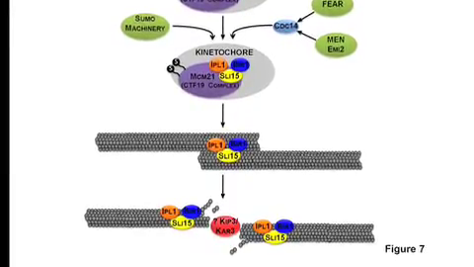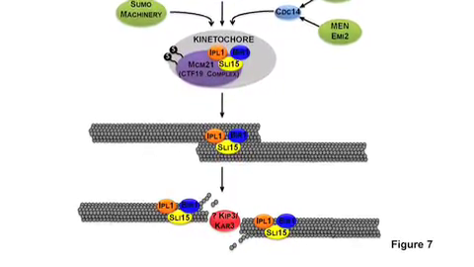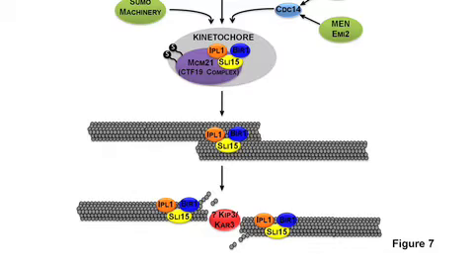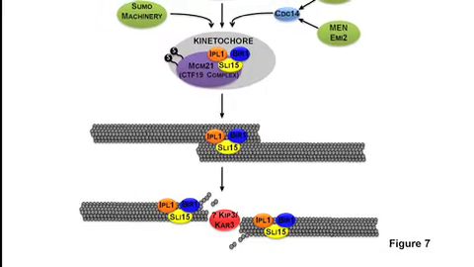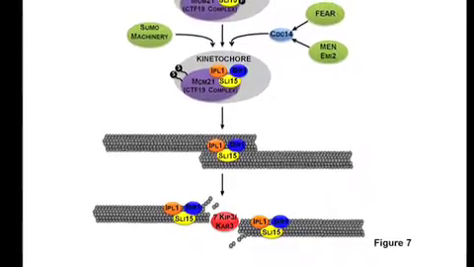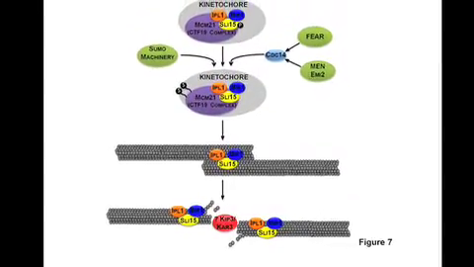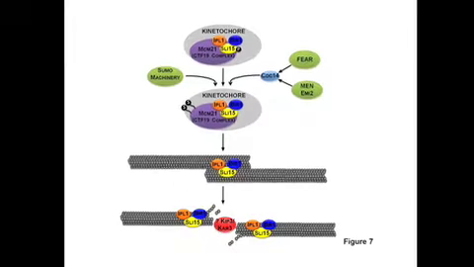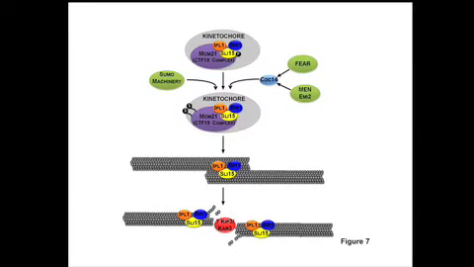And so we discovered that sumoylation of a kinetochore protein called MCM21 is critical for the movement of the chromosome passenger complex to the spindle midzone, such that it could then mediate spindle disassembly in a normal manner.